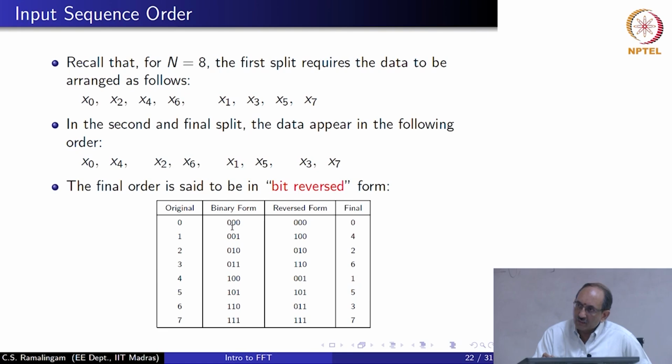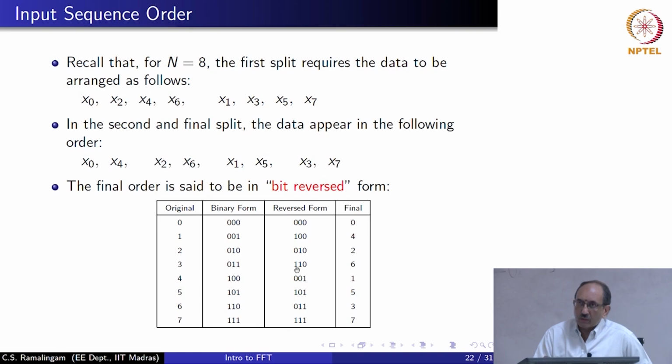This is the index in binary form. 0 is 0, 0, 0, 4 is 1, 0, 0, 5 is 1, 0, 1 and so on. Then what you do is you take this binary form of the index and bit reverse it. 0, 0, 1 becomes 1, 0, 0. Similarly 1, 1, 0 becomes 0, 1, 1. And now if you look at the decimal equivalent of the bit reversed form of the index, it is exactly in the form that you need. You needed 0, 4, 2, 6 and 1, 5, 3, 7. So this is an important part of the FFT algorithm.